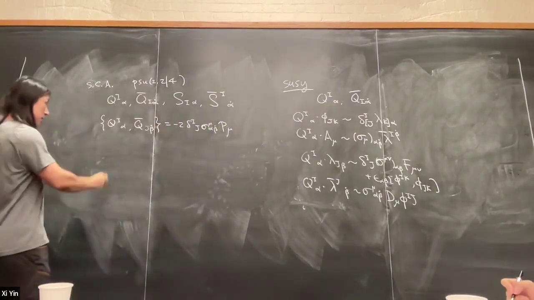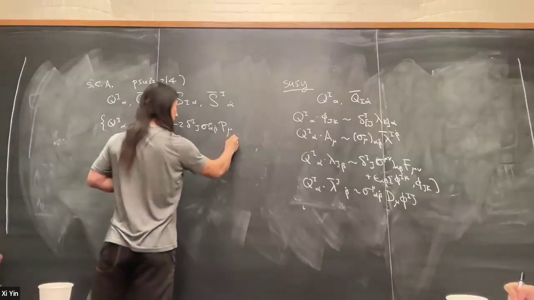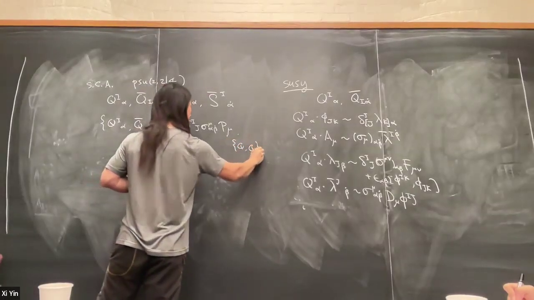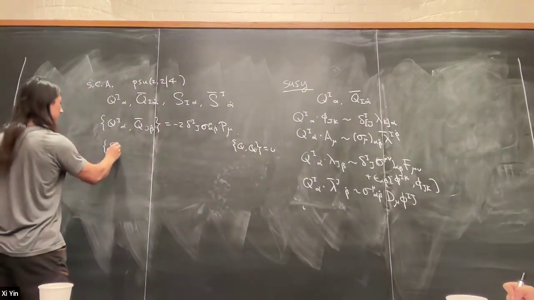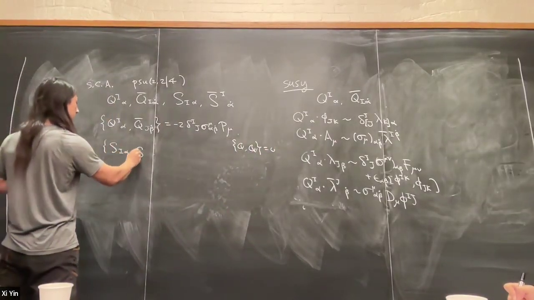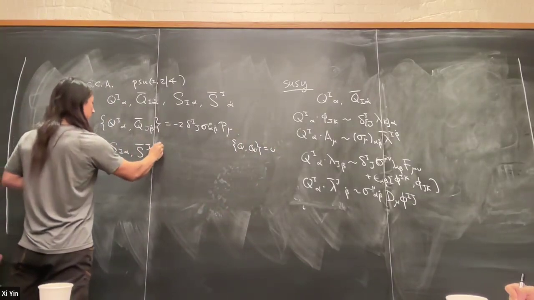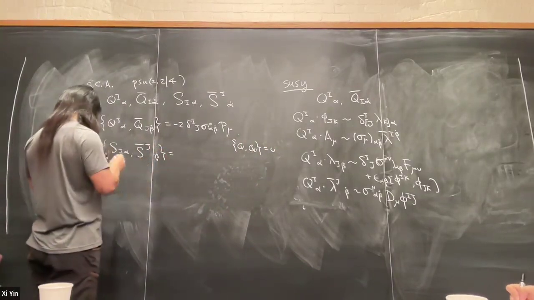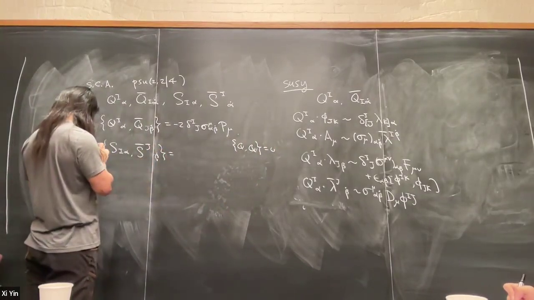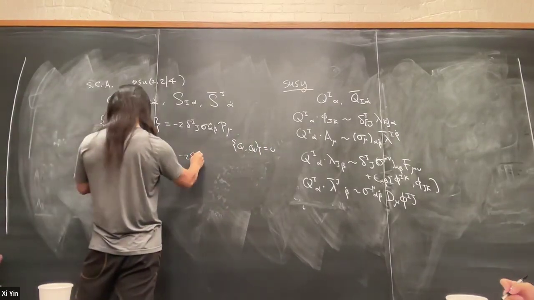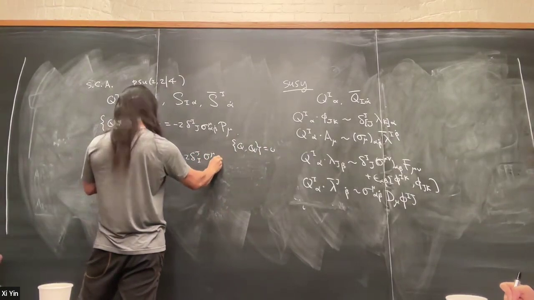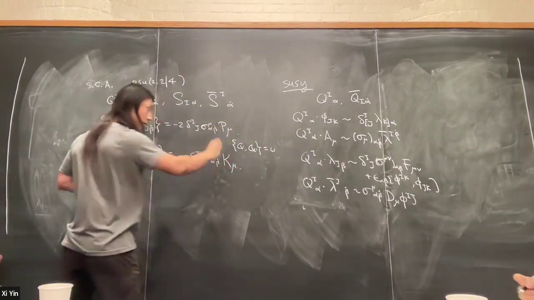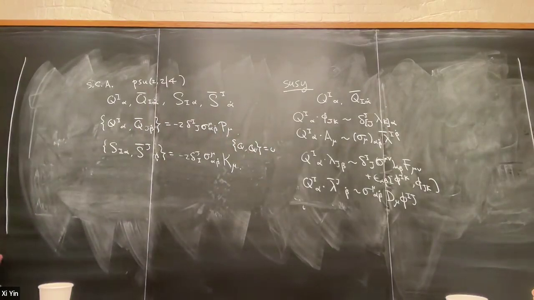The usual supersymmetry algebra. And Q bar Q bar is 0. Similarly for S, it's the same thing with P swapped with K. So this is minus 2 delta J I sigma mu alpha beta dot K mu. K mu is the special conformal generator, usual.